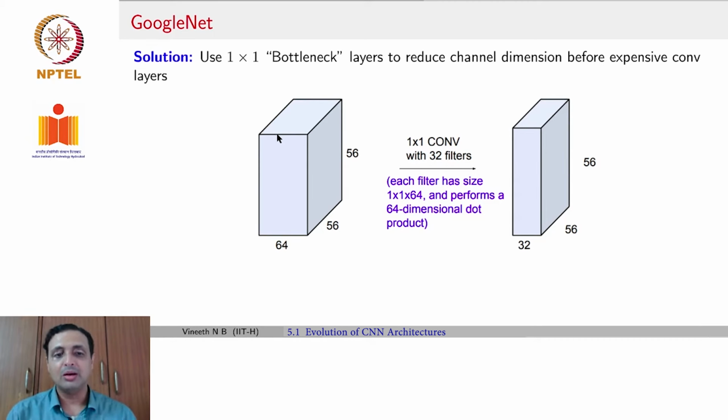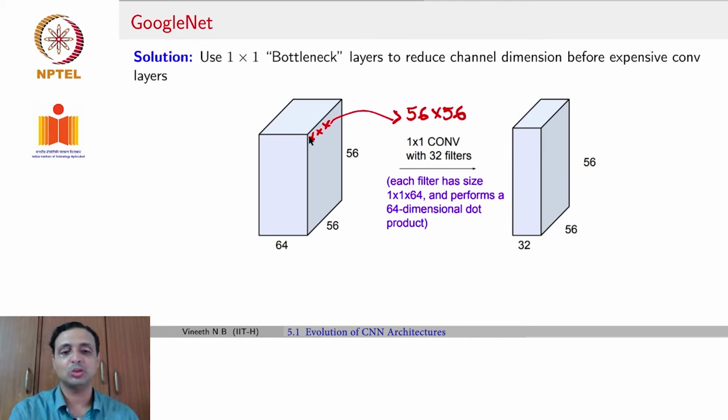And if you do that, the entire 56x56x64 will collapse to 56x56, because for each of those spatial locations, a 1x1x64 convolution will give you one scalar as an output, which means you'll be left with 1 pixel here, 1 pixel here, 1 pixel here, so on and so forth in the next layer, which would lead to a 56x56. So remember, the filter size for this 1x1 convolution would have been 1x1x64. That's the 1x1 convolution, or the bottleneck layer we are talking about.